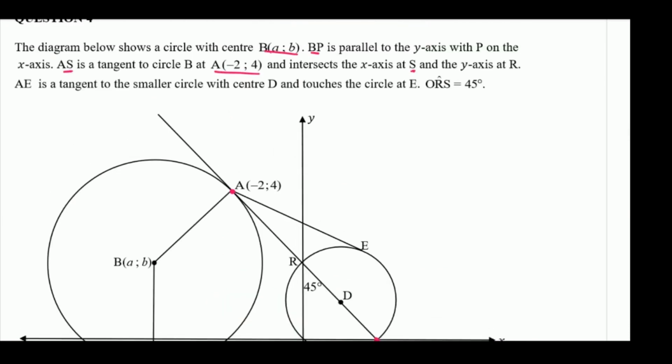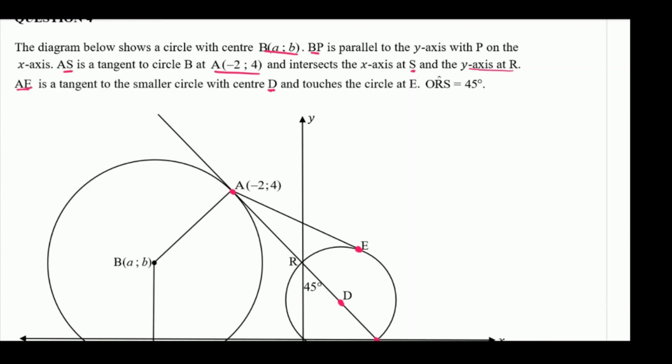And the y-axis at R. AE is a tangent to the small circle, so this AE from this point up until that point is also a tangent, but to the small circle with center D. So there is a center D there, and touches the circle at E. So this tangent touches the circle at E.